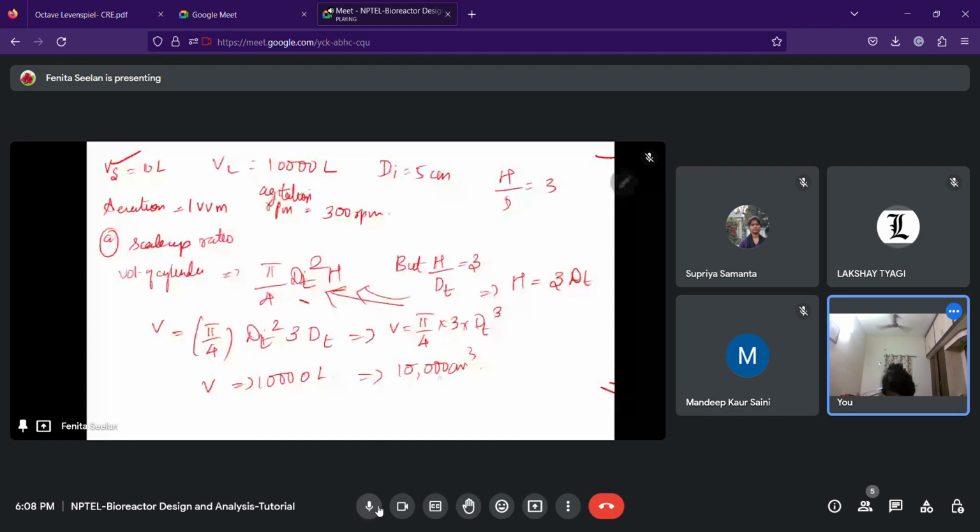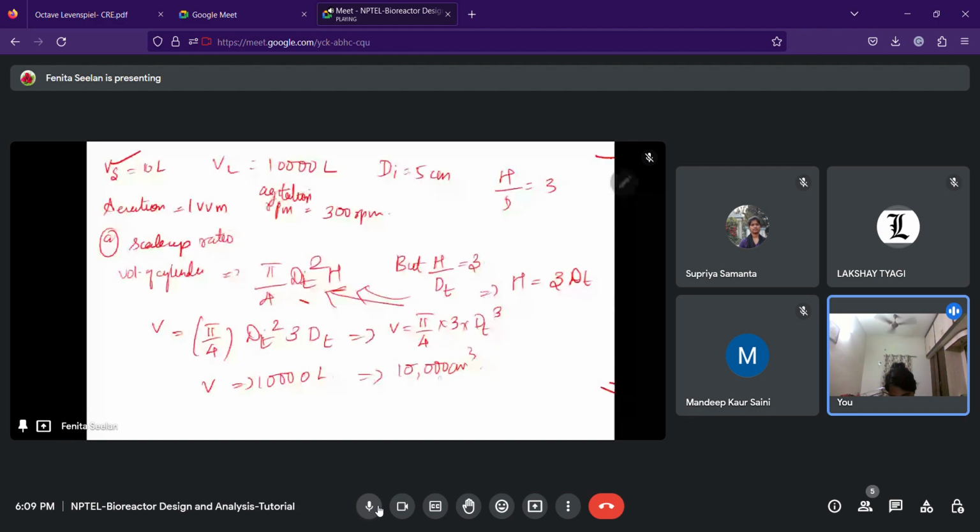Keeping this on one side, Dt equals V into 4 divided by 3 pi, the whole power of 1 by 3.